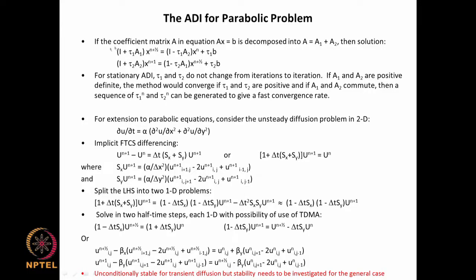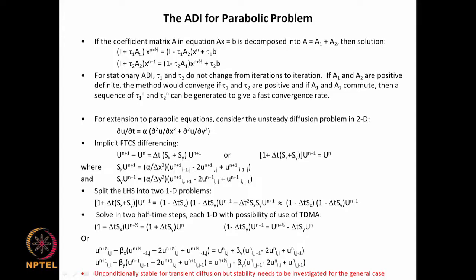Now what this is saying is that the A2 part is being evaluated explicitly and the A1 part is being evaluated implicitly. Okay. And having done this, now you come to the other part, A2, which is being evaluated implicitly in the second step of the equation, and the A1 part is now being evaluated explicitly.